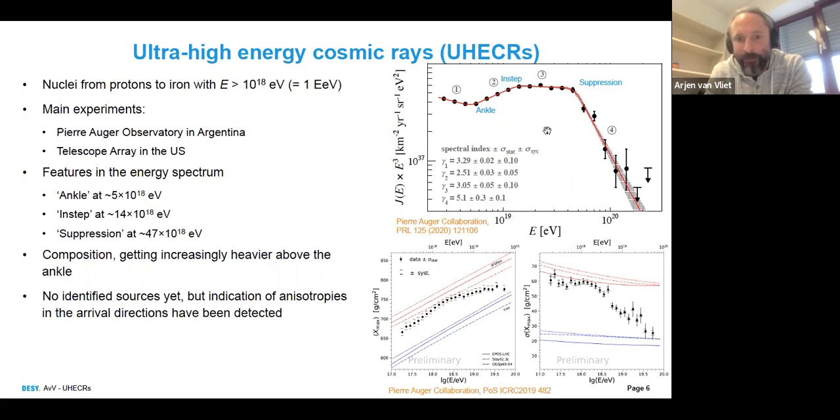This is a relatively new, newly discovered feature, which was first reported last year. And then we have the suppression at the highest energies, where we have a strong drop-off in the flux. So one of the interesting questions here is how to explain all these different features, and that's one of the things I will get into later.